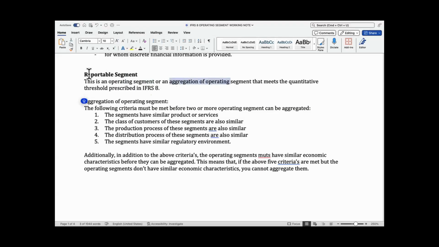before they can be said to be a reportable segment, they have to meet some quantitative threshold. And what is that quantitative threshold?